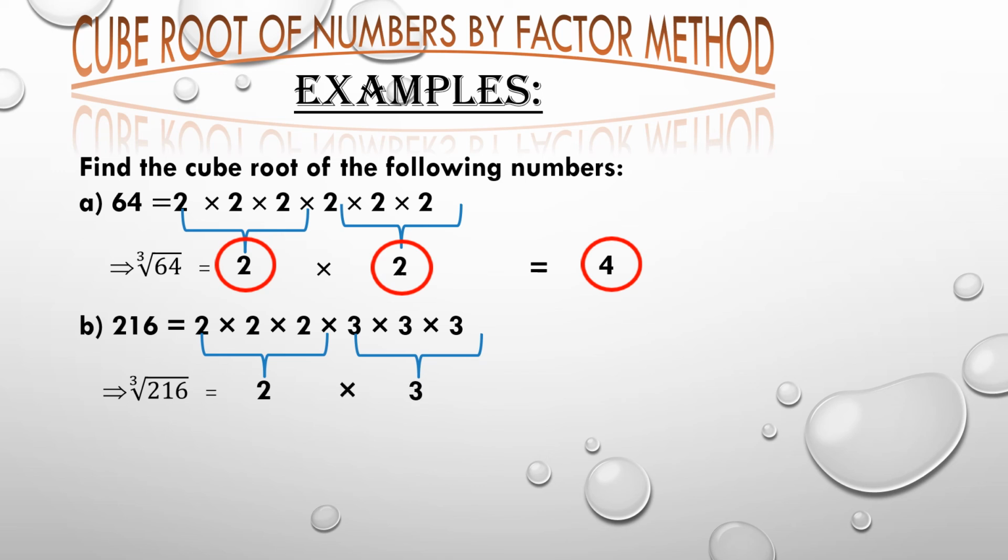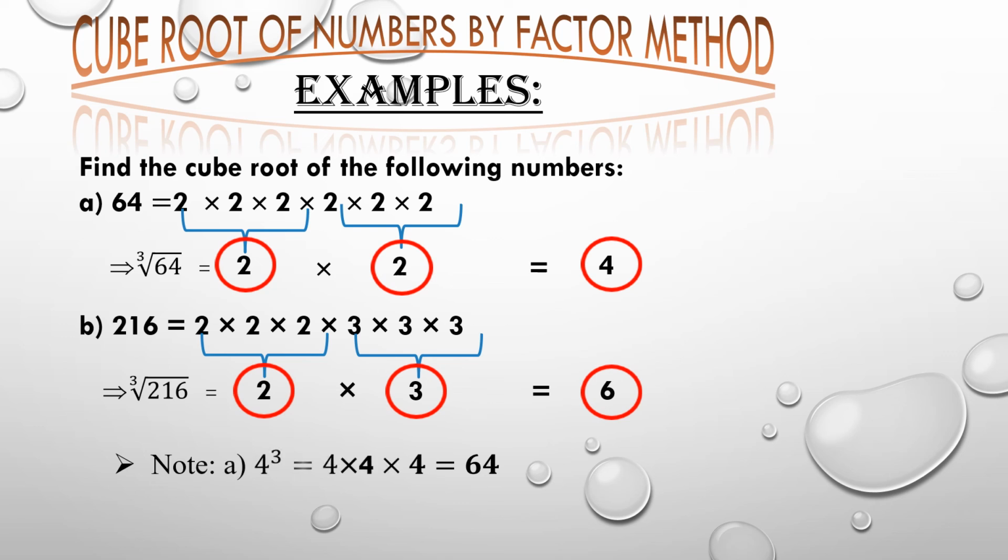Like in the first group we have 2, the second group we have 3. Multiply 2 and 3 and you get the answer as 6. The 6 is the cube root of 216, and that is very, very important for us to note.